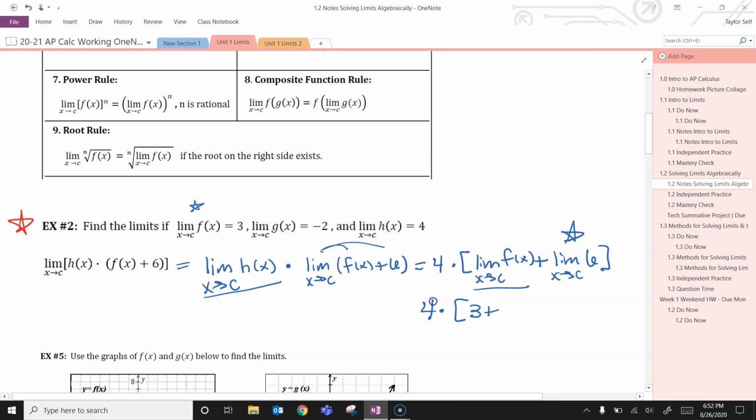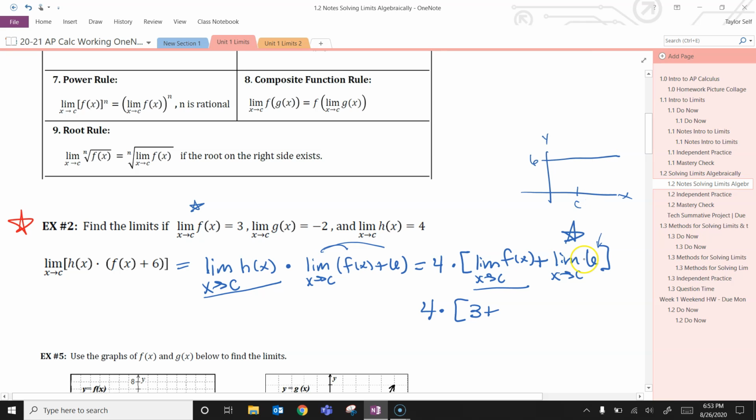Okay, the limits are y values, right? This function, 6, this is the function f of x equals 6. That function looks like this. This is x, y, here's 6. No matter what x value you're approaching, like say this is x equals c, your limit is always going to be the y value, 6.